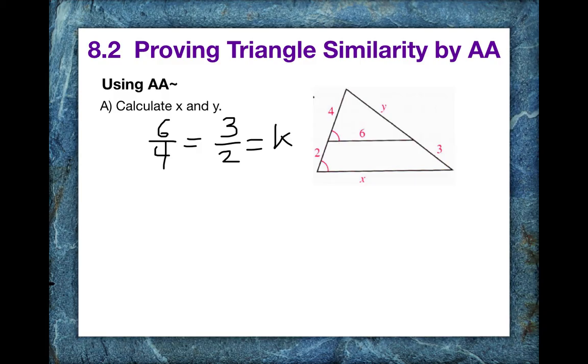So now I can take x and I can say, well, the scale factor is going to be 6 going up to k, and what I do is I just take 6 and multiply times 3/2, and that's going to get me 9. So x is equal to 9.